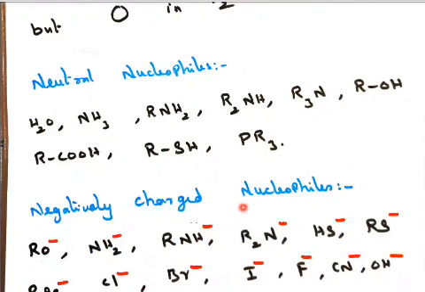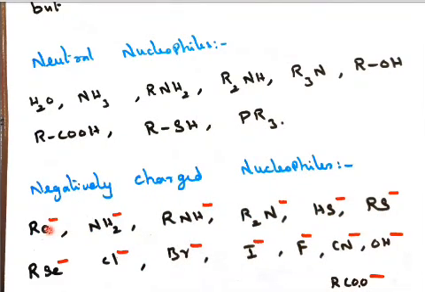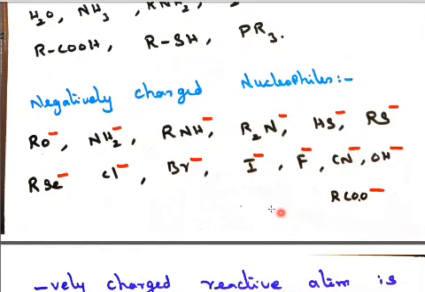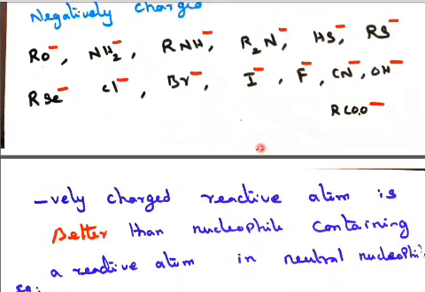Negatively charged nucleophiles all carry a negative sign: RO minus, NH2 minus, RNH minus, R2N minus, HS minus, RS minus, RSe minus (selenium, which is one of the metals), Cl minus, Br minus, I minus, F minus, CN minus, OH minus, RCOO minus.